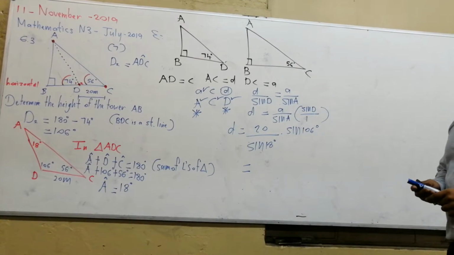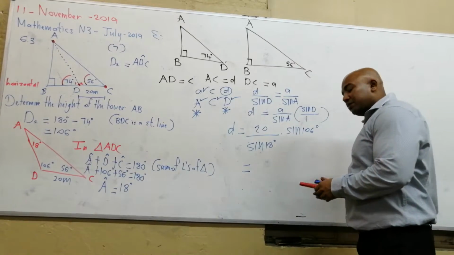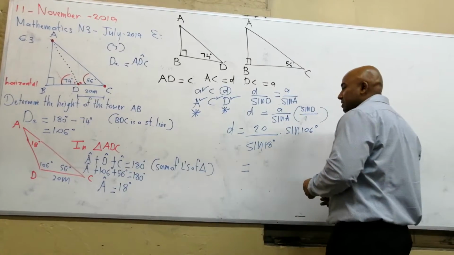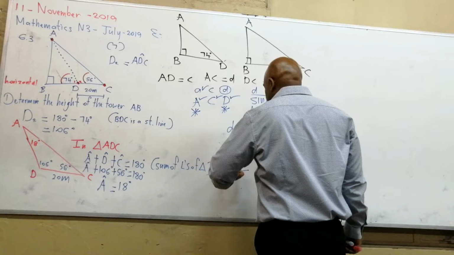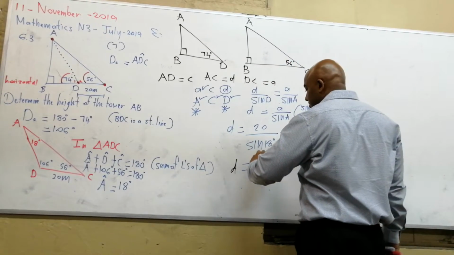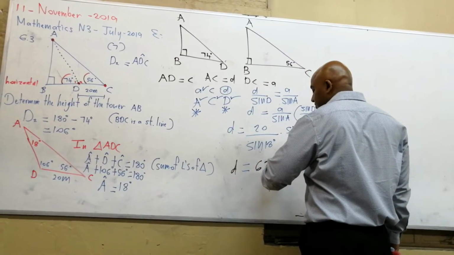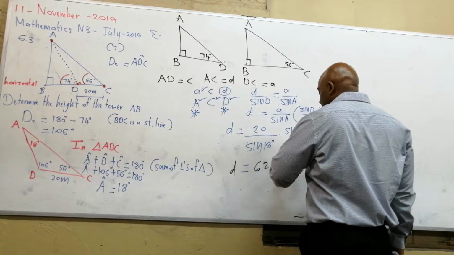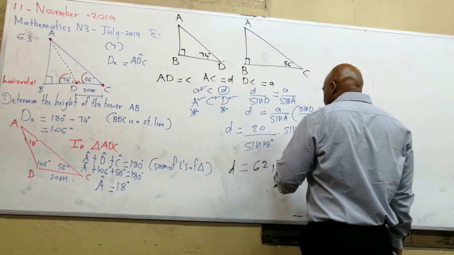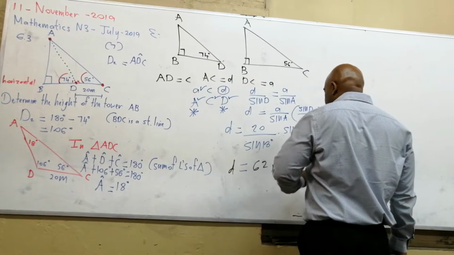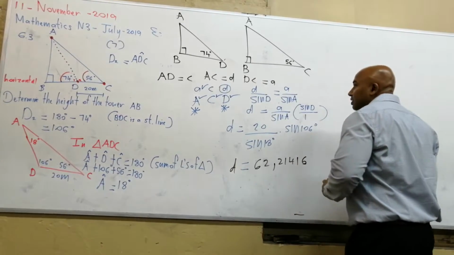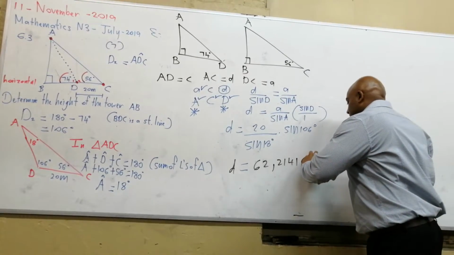What do we get? Give me 5 decimal places now. I want 5 decimal places. So D is equal to 62.21416. This is meters.